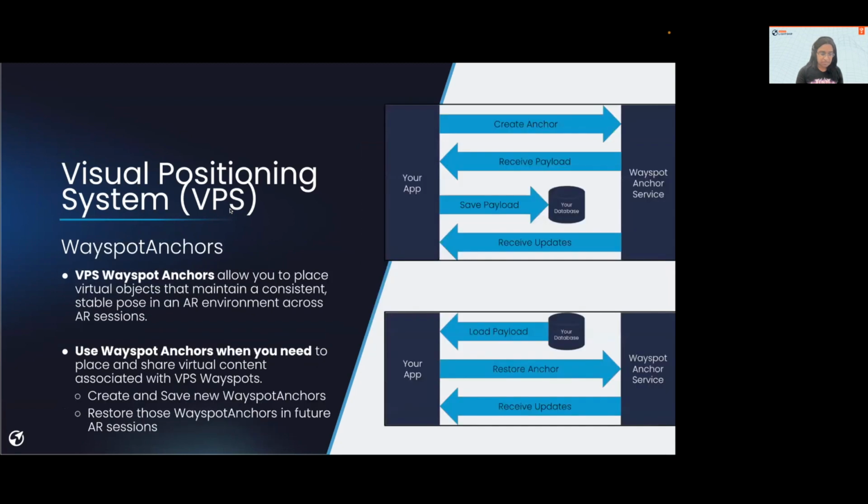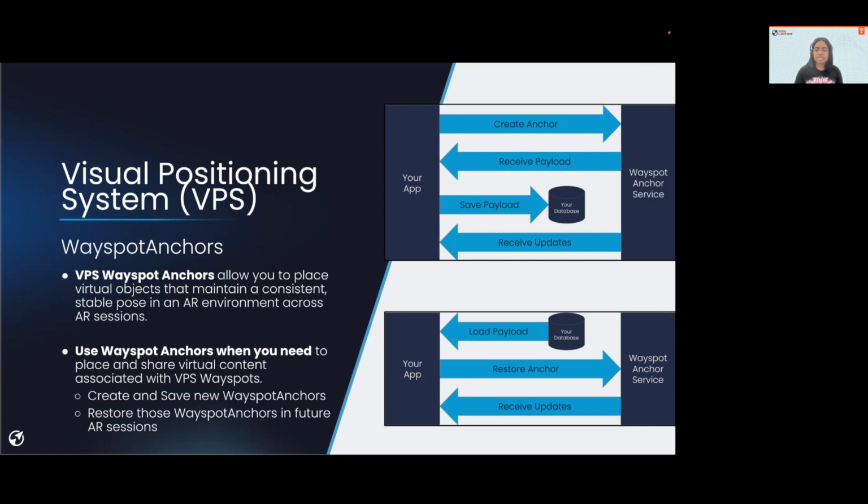Wayspot anchors are what you're going to use to create persistent content using VPS. You'll create an anchor, and it consists of a payload of information. It has the rotation, scale, and position of the anchor that you want to place.